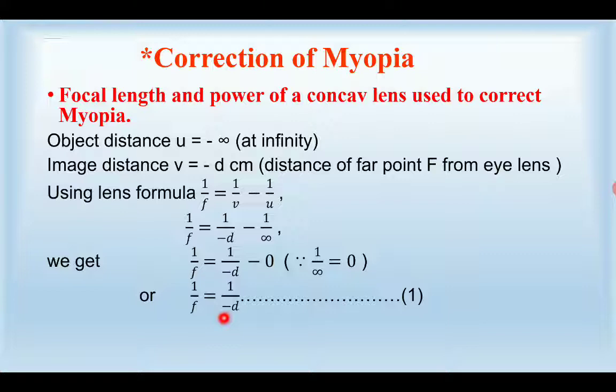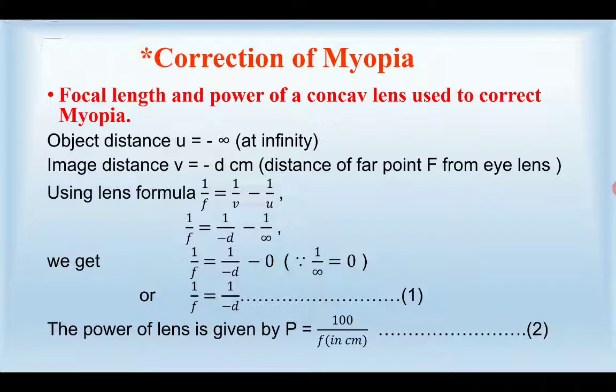So focal length comes out to be minus d centimeter. Now we know that the formula for power is 1 upon f. Let us convert this d, that is in centimeter, to meter, and we get the power of the lens as power equals 100 upon f in centimeter.